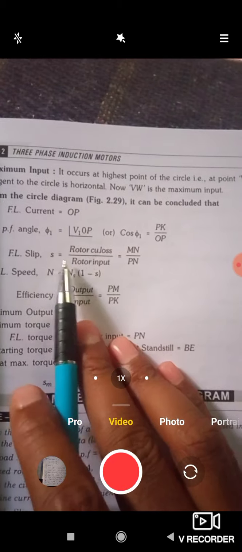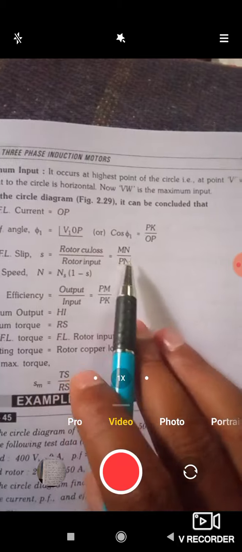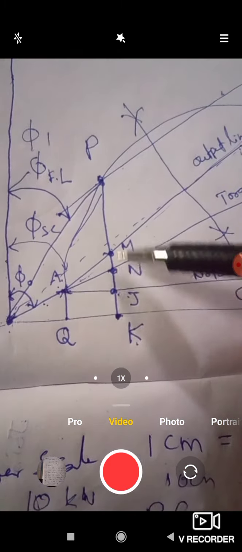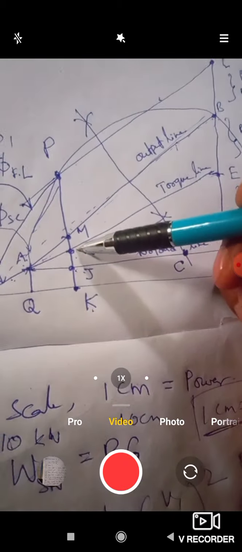Now the full load slip S equals rotor copper loss by rotor input. MN is the rotor copper loss and PN is the rotor input.